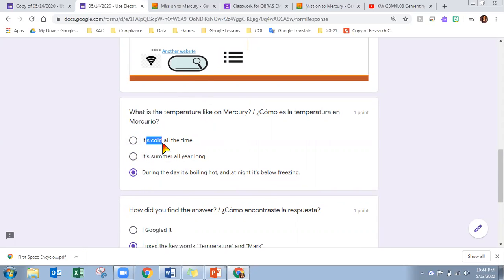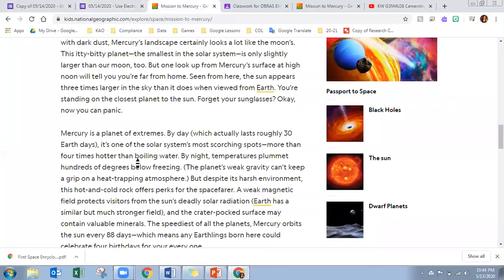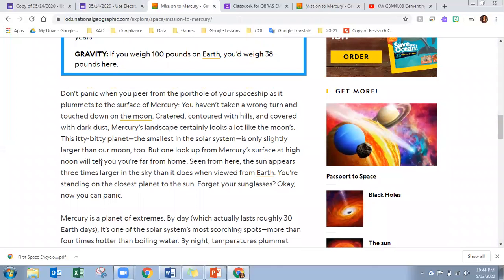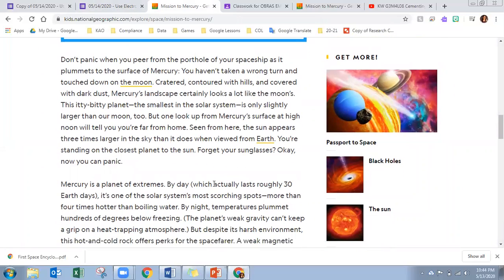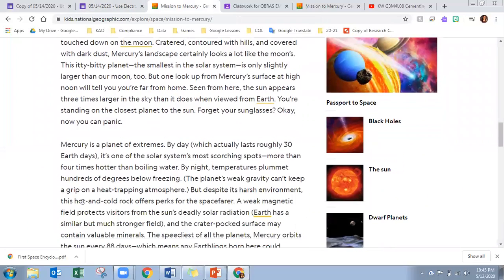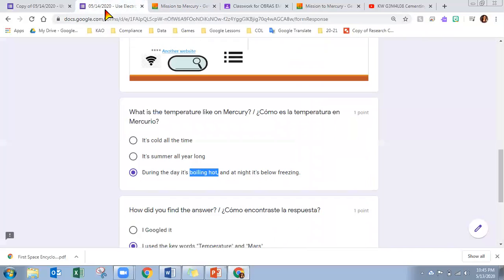I could look for words like cold. I could look for words like summer. I could also look for words like boiling hot. So if we go back to the web page for Mercury, we can look for cold. No, I see hot and cold, but not just cold.